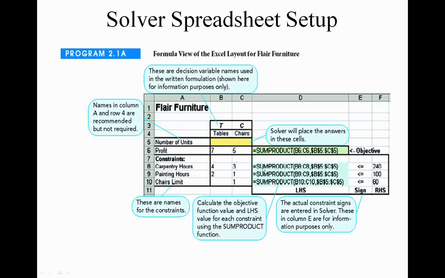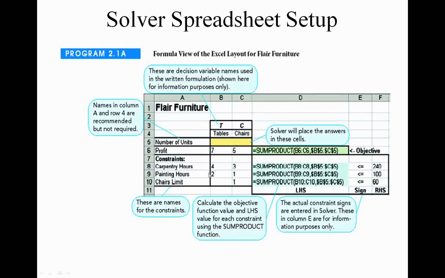Product and sum. That's why the name is SUMPRODUCT. B8 through C8 and B5 through C5. That basically gives us how many hours we would use once we know how many tables and chairs we will be producing.